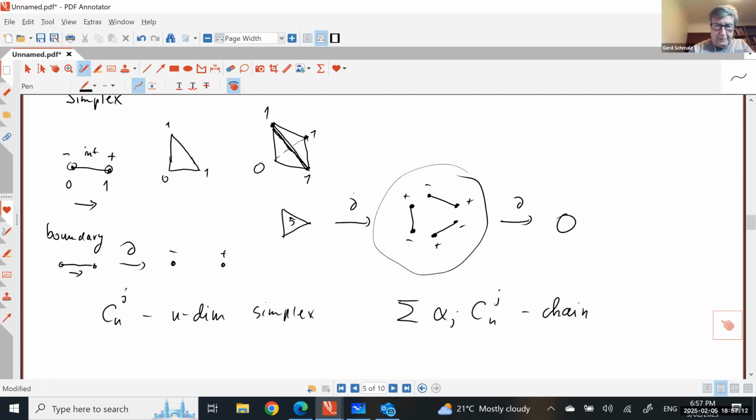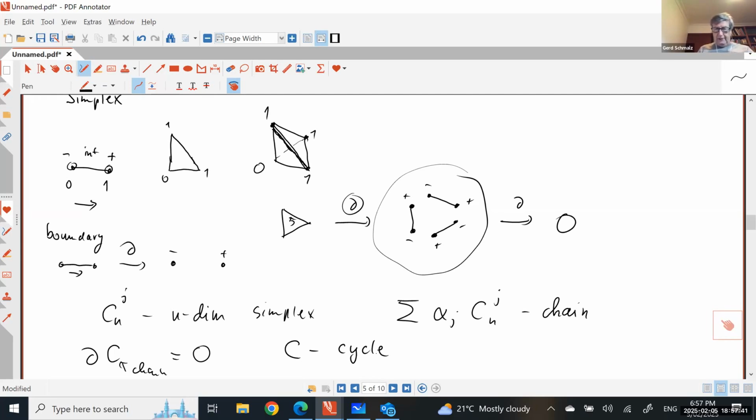I have introduced the boundary operator. So if the boundary operator applied on some chain is equal to 0, we actually call this chain a cycle. A chain is a cycle. So a cycle is something which goes round with no end.